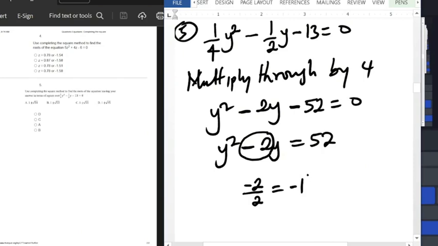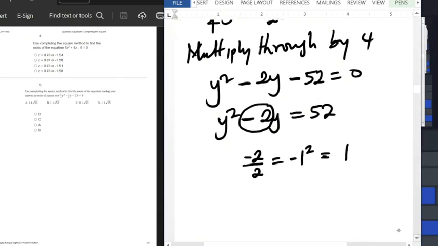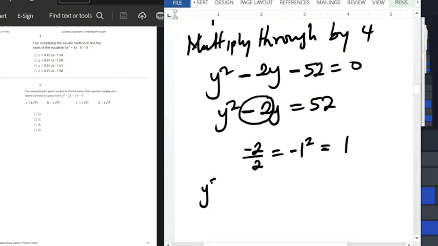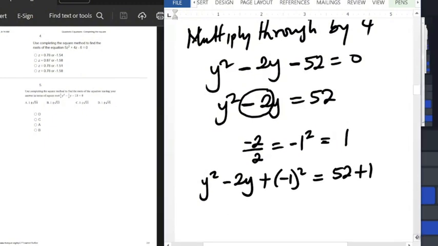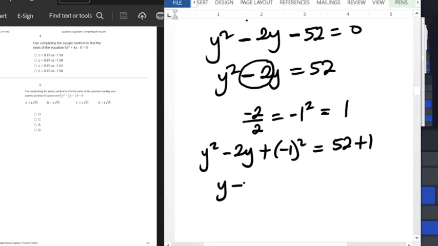Minus 1 squared gives us 1. That will be added to both sides. So y squared minus 2y plus minus 1 squared equals 52 plus 1. This will then give us y minus 1, everything squared, equals 53.